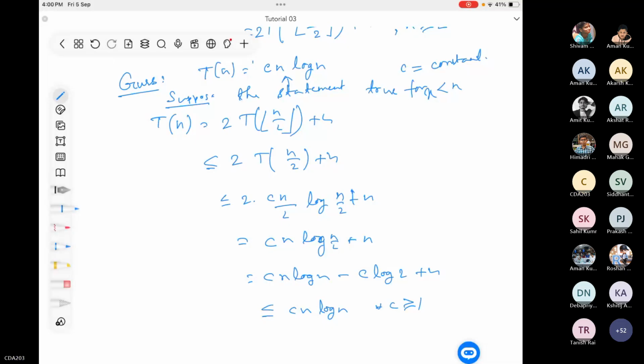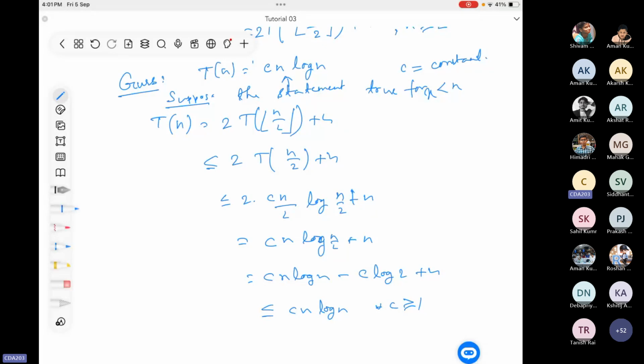This means that this n log n can still be the running time, because if I shift my base case from 1 to some other value, I discard just one case that is not holding.